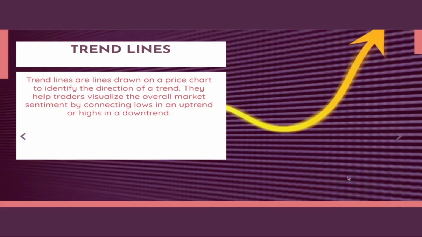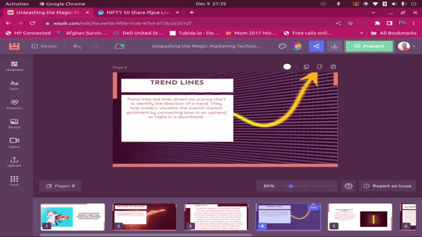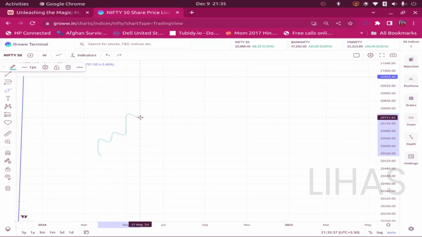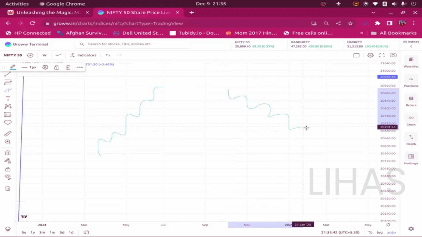So what is a trend line? Specifically, what is a trend? Trend means how something is moving. In general use we say there is a trend of some haircut, or a trend of some dresses. In the stock market, trend means how the prices are moving, whether up, down or sideways. If the price is moving up, that's called an uptrend. If the price is moving down, that's called a downtrend.